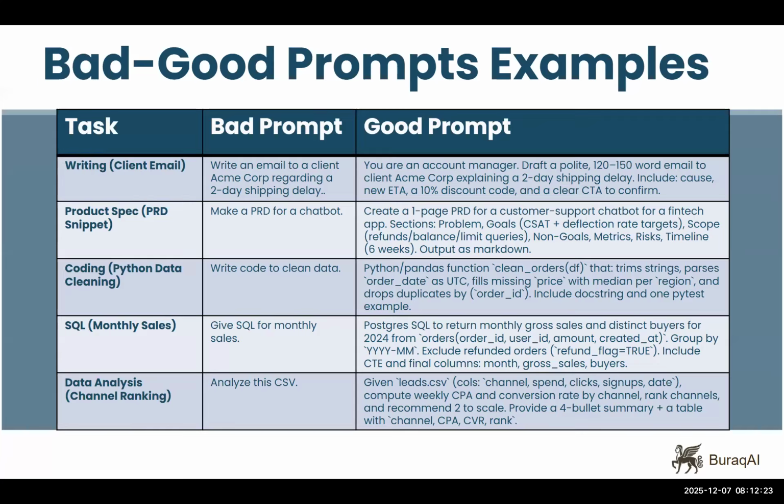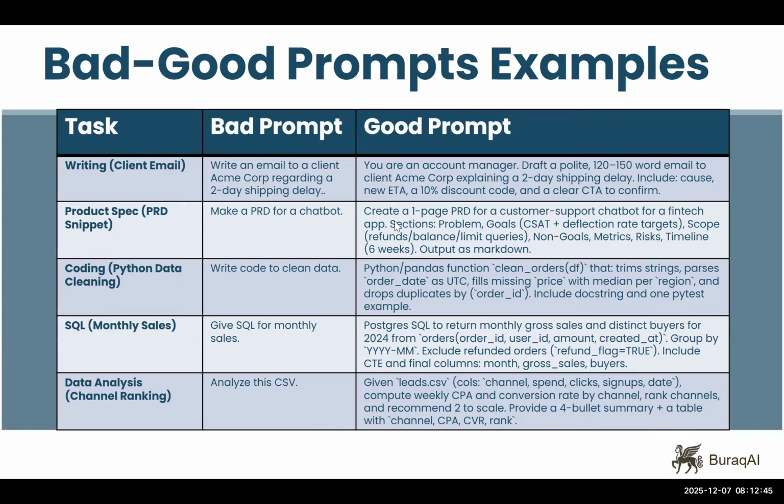Let's take a few more examples. A product spec you want to build: make a PRD product spec for a chatbot. It'll give you generic pages and pages. Now here you are asking for a one pager. You just want a one pager, not 50, 60 pages of specifications.